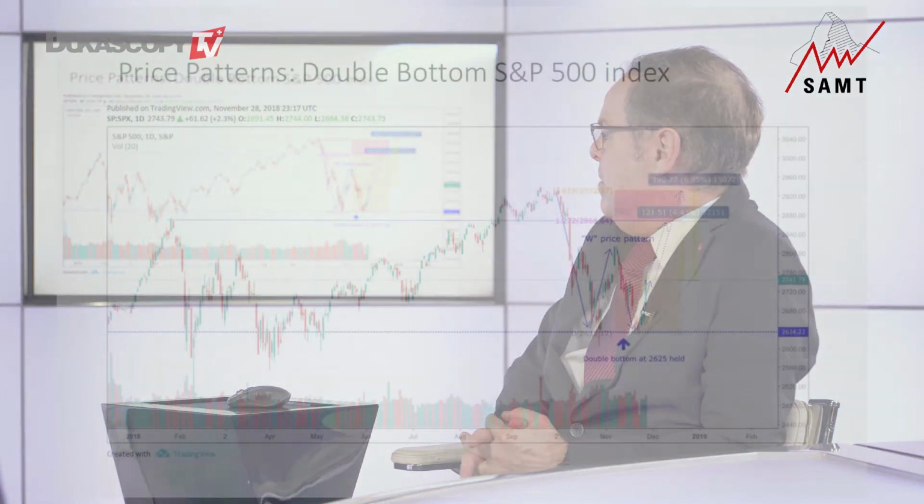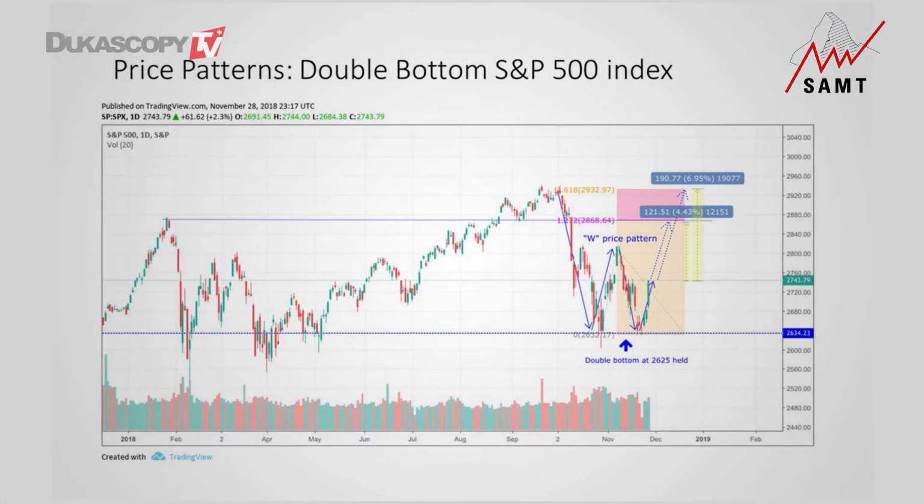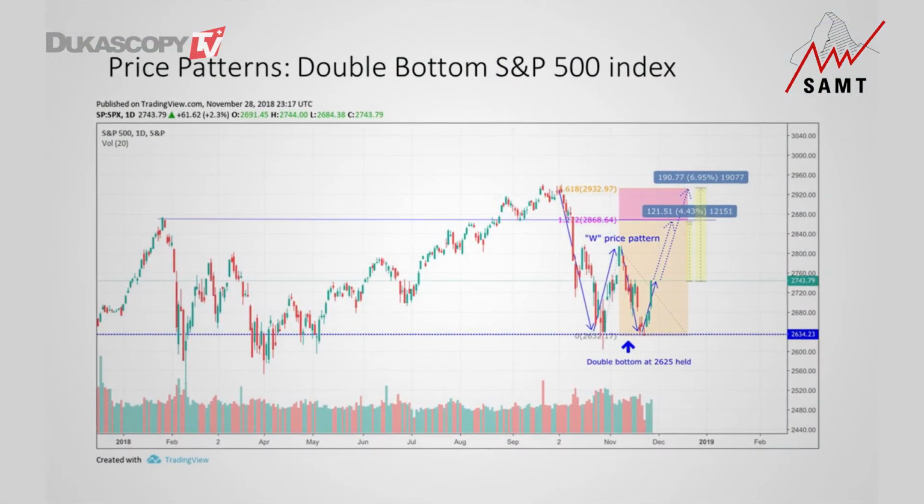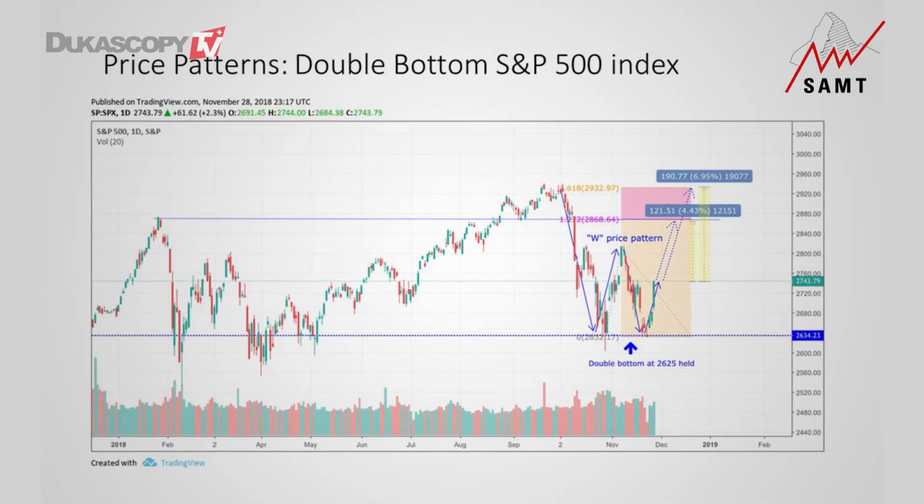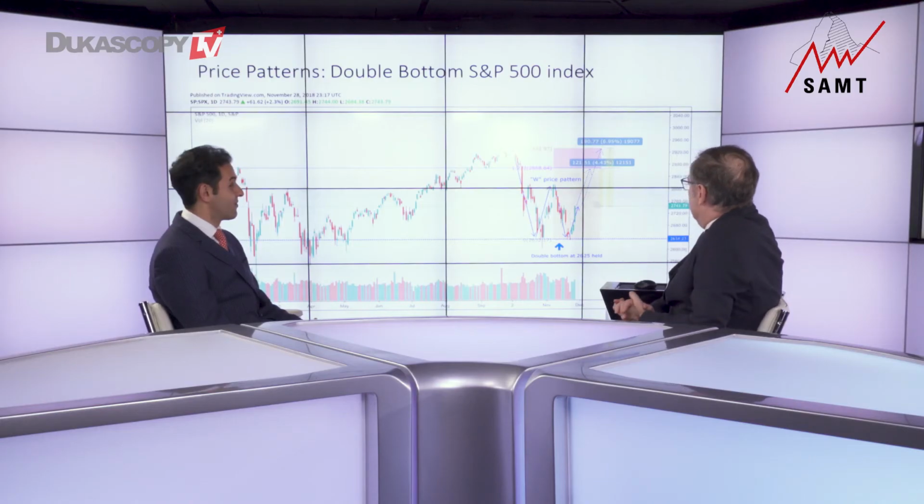What does your analysis suggest for the S&P 500 now? Look, what we are seeing with the S&P 500 right now is information of a double bottom pattern. This pattern has been formed in the past 3 or 4 years with good results for traders who understand this pattern, of course.